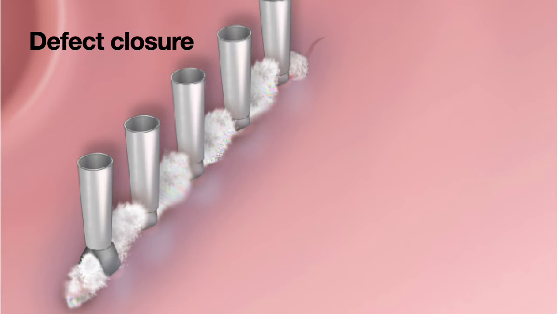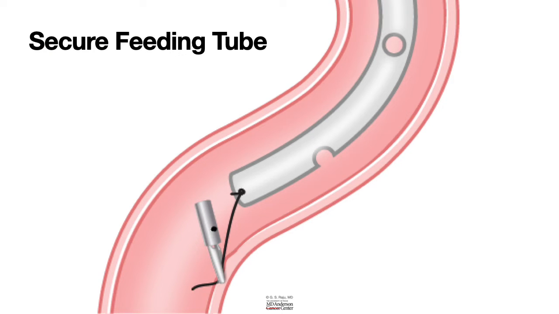So these are the two most common uses of clips: hemostasis and defect closure. In addition, in some cases, when the feeding tube keeps coming back into the stomach and you want it in the jejunum, you can go with the scope, attach a thread to the feeding tube, and secure that feeding tube.